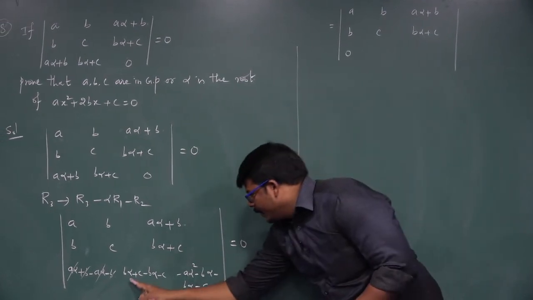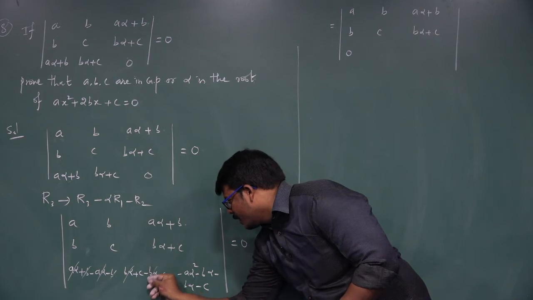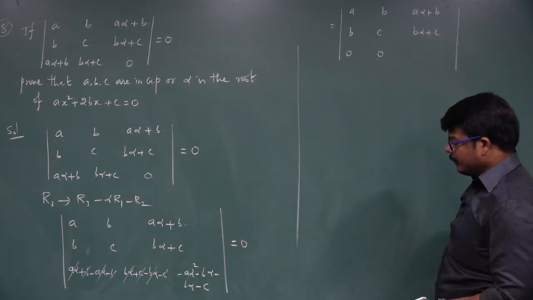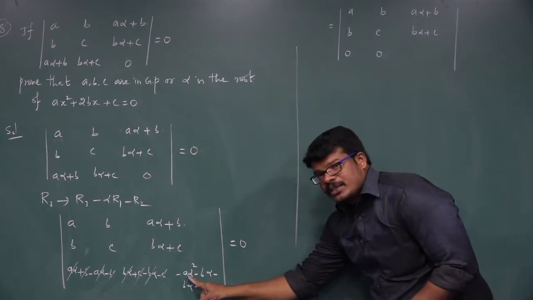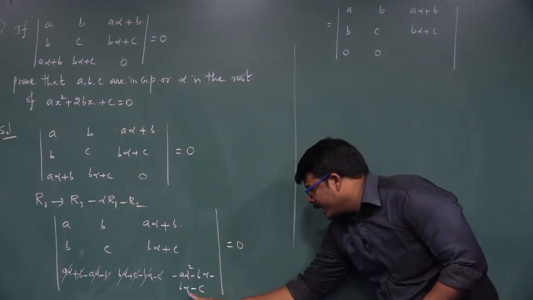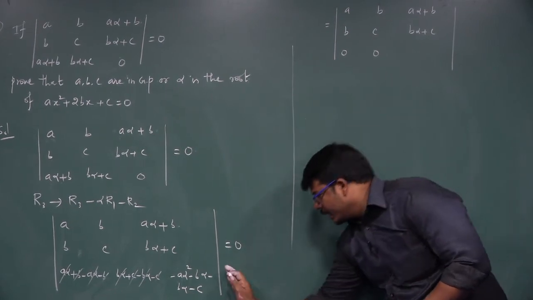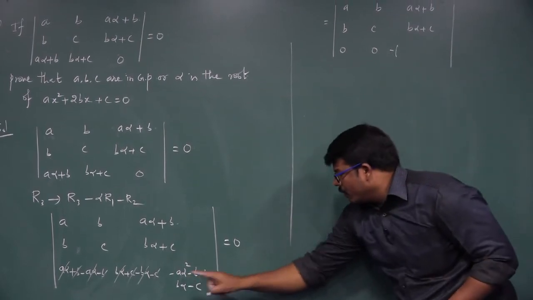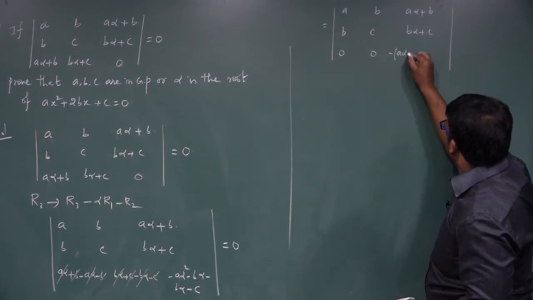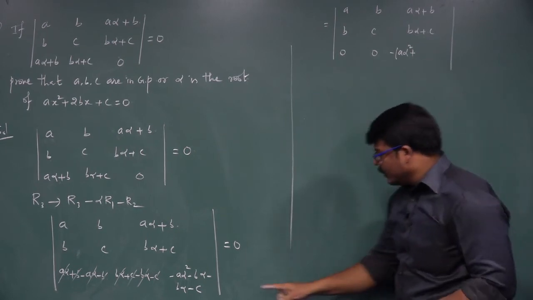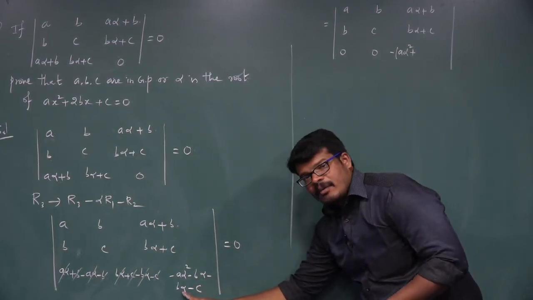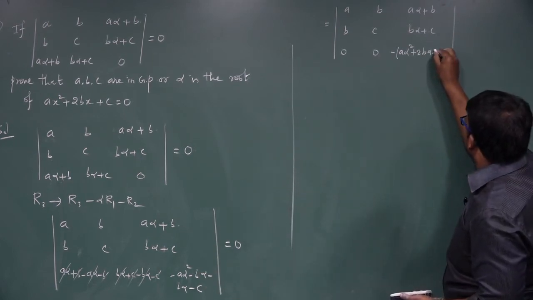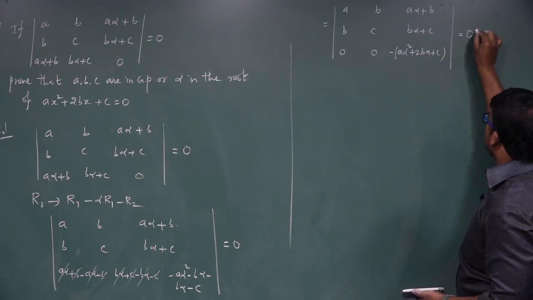Next one, B alpha plus B alpha minus B alpha cancel, plus C minus C cancel, the value is 0. Next one, minus of A alpha square minus B alpha minus C, taking minus common, minus of A alpha square plus 2B alpha plus C, equal to 0.